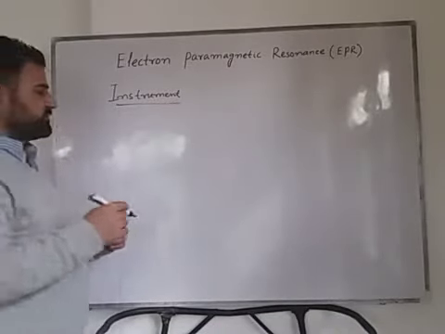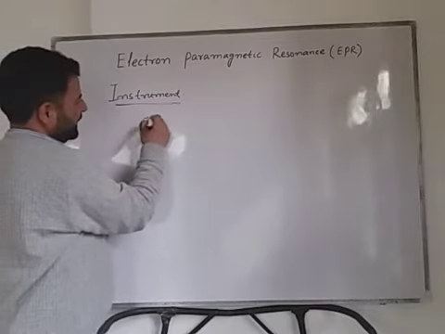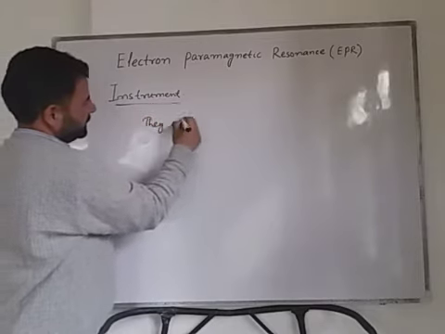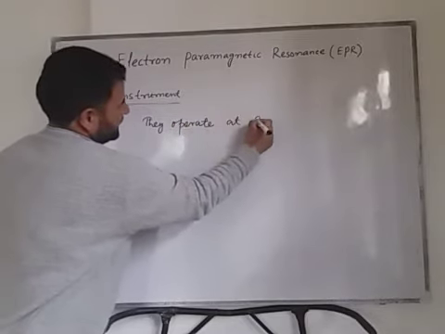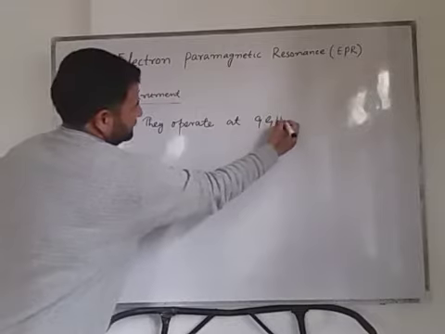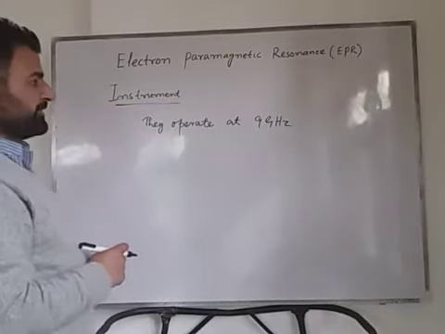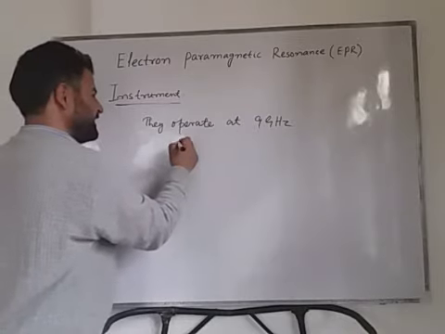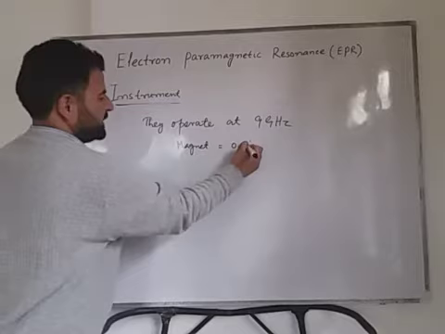Most of the instruments which are in the market operate at 9 gigahertz. As I said, frequency is constant, so they operate at 9 gigahertz frequency, and for that they need a magnet of 0.33 Tesla.